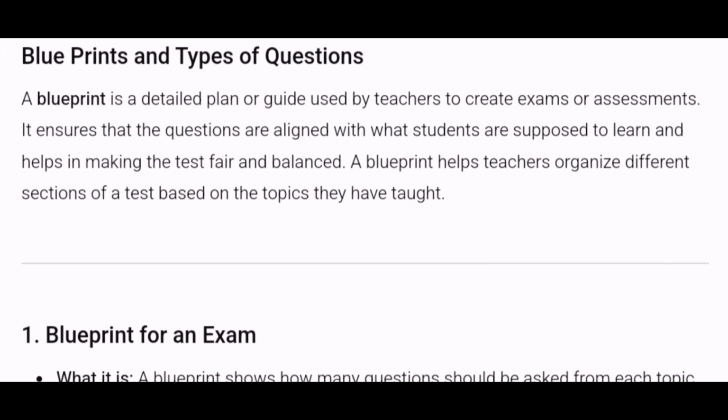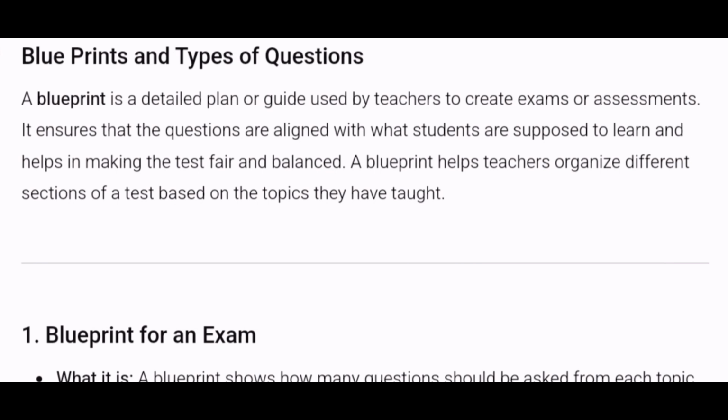It ensures that the questions are aligned with what students are supposed to learn and helps in making the test fair and balanced. So, your blueprint will make sure that whatever you have taught, whatever you want the learners to learn, they have acquired them and it is conducted in the best and fair manner.